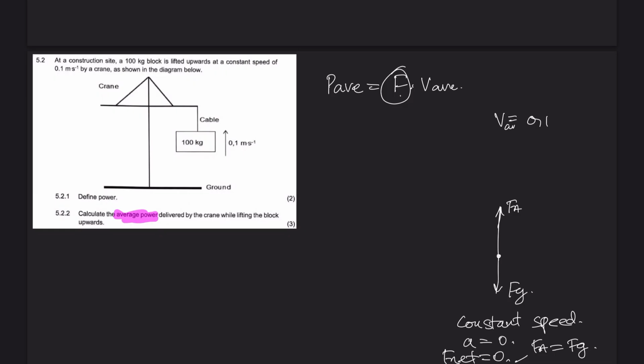So the pulling force, the force applied, is going to be equal to Fg. So I can say that the power average is equal to 100 times 9,8 times 0,1. And the average power is going to be 98 watts.